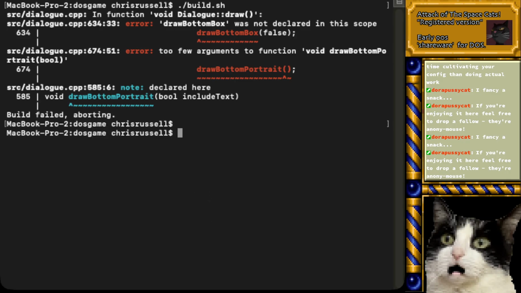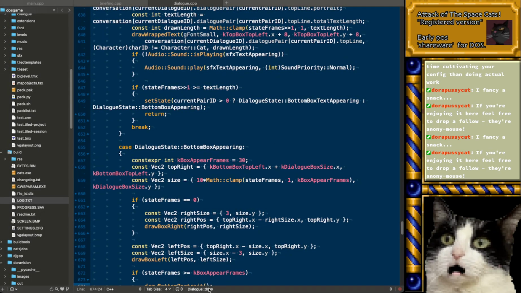Left them in. Oh, is there still a parameter on draw bottom portrait? Did I not take it out?